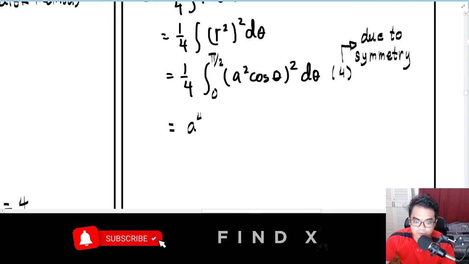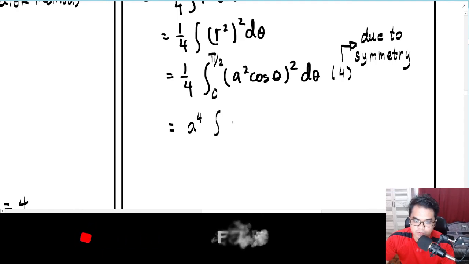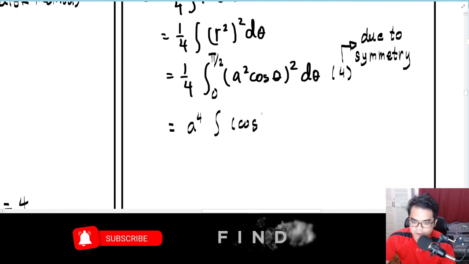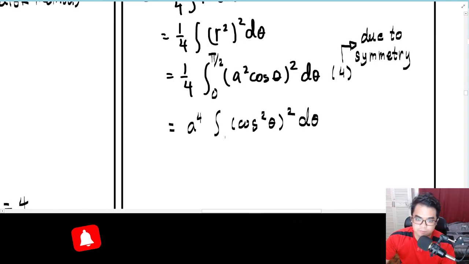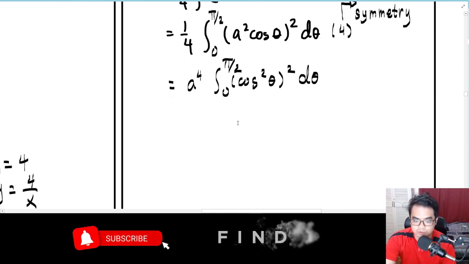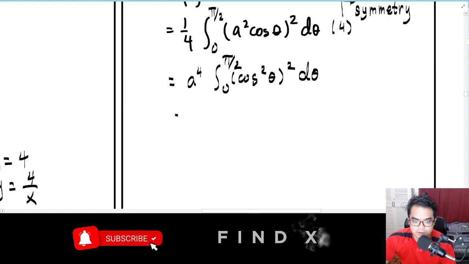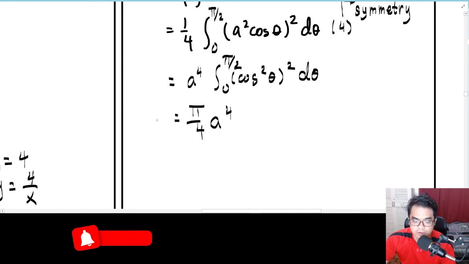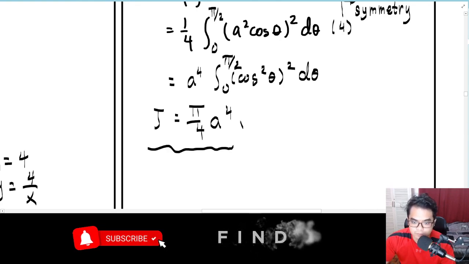So that will be a raised to 4, and then integral of cosine squared theta squared d theta, right? That's 0 to pi over 2. Okay, so if you input that in your calculator, you'll just get pi over 4. Don't forget the a raised to 4. So this will be your polar moment of inertia. That will be your answer.